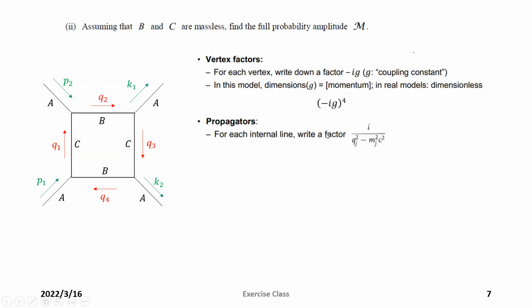So the next step is to write down the propagators. So for each internal line, write down a factor. And here we assume B and C are massless. So we just have to multiply 4 such factors.